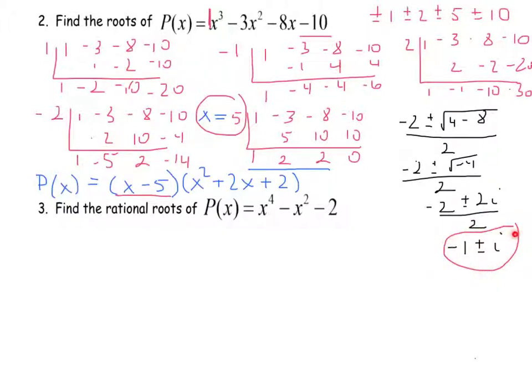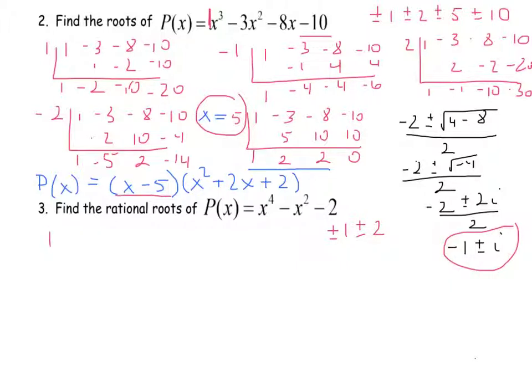Then we go for this next problem where we have p of x equals x to the fourth minus x squared minus 2. The first thing I do is find the possible zeros. Possible zeros are plus or minus 1 and plus or minus 2. So I'm going to start my process of finding the zeros.